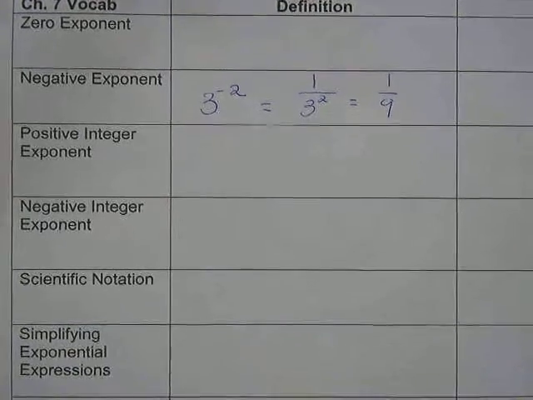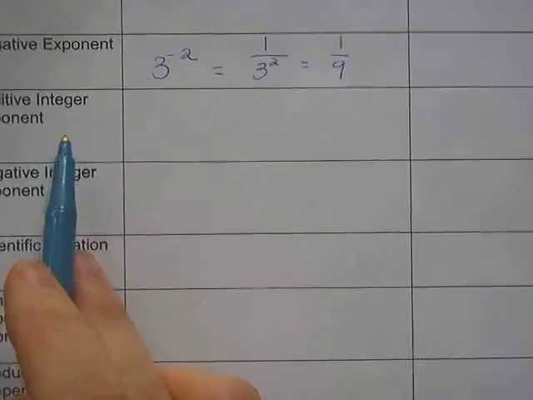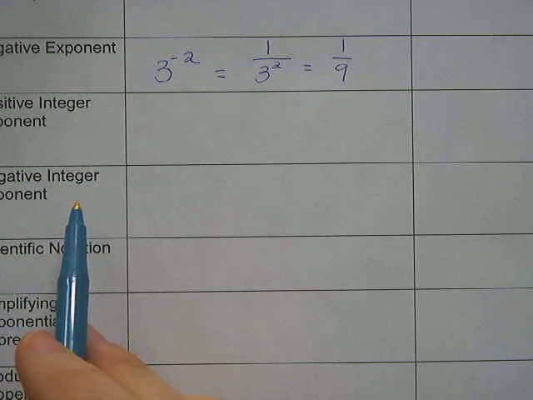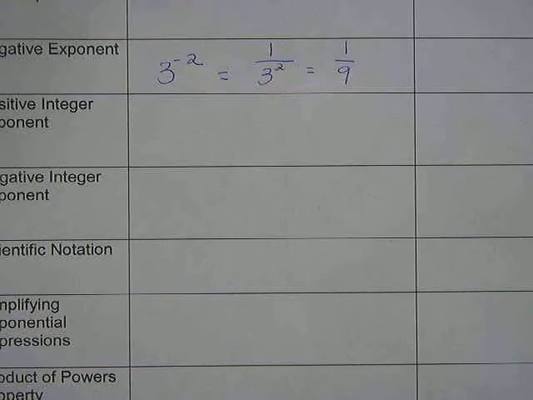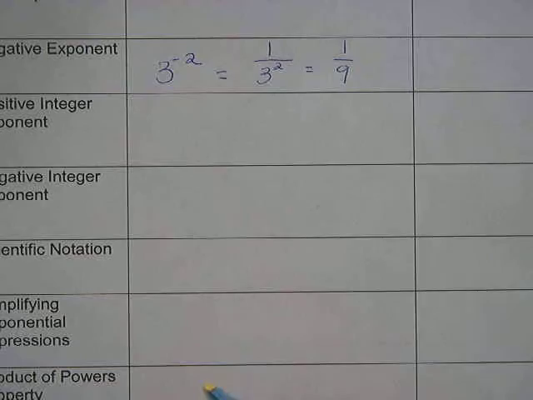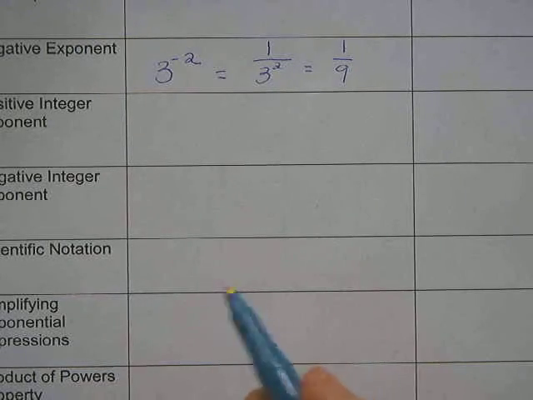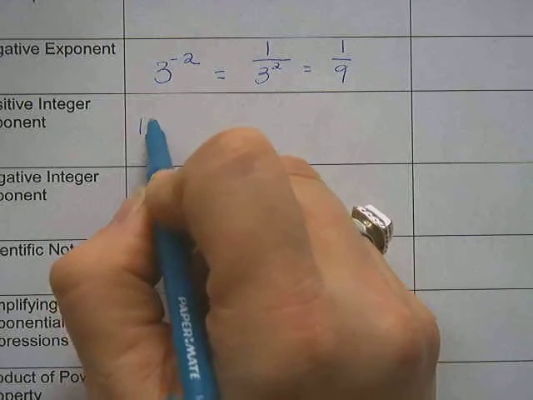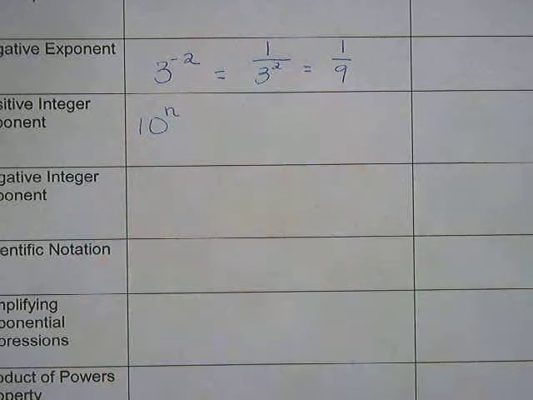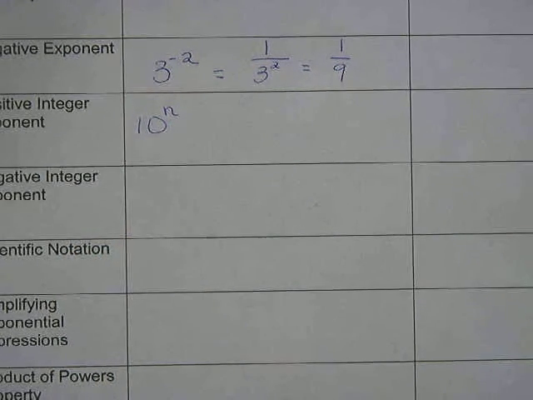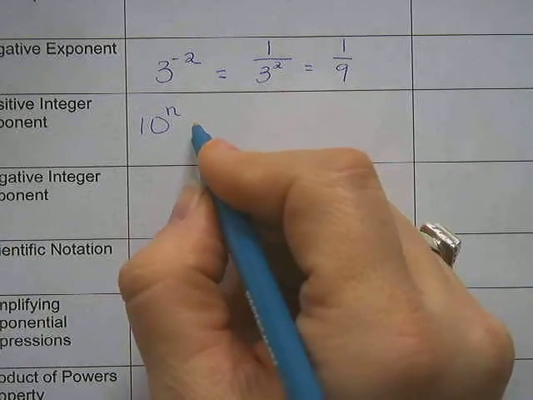So today we're talking about the positive integer exponent and the negative integer exponent. The very first one is pretty easy. It says if n is a positive integer, find the value of 10 to the nth by starting with 1 and moving the decimal point n places to the right.